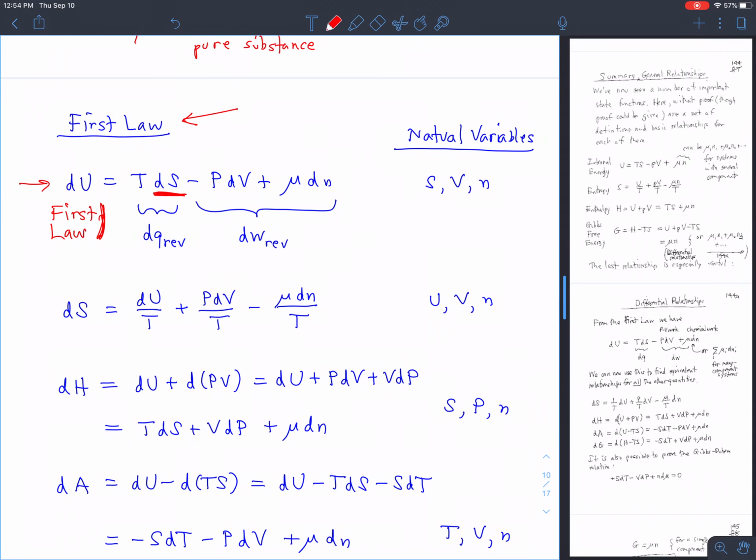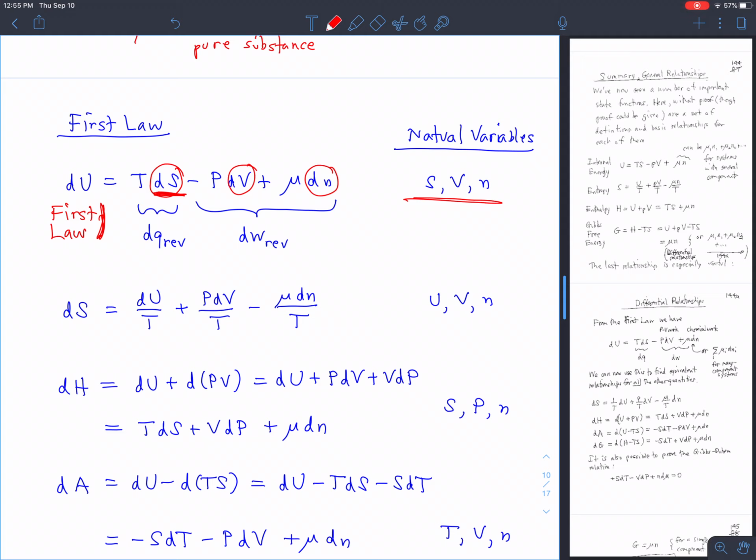The first one is that by looking at what the differentials are in each expression, we can tell what are the so-called natural variables for each quantity. So we can think of energy as being a function of other variables. And what are those variables? Well, you can choose any variables at all in principle, but there are some that are more useful and fit more naturally with the properties of energy than others do, and those are called the natural variables.